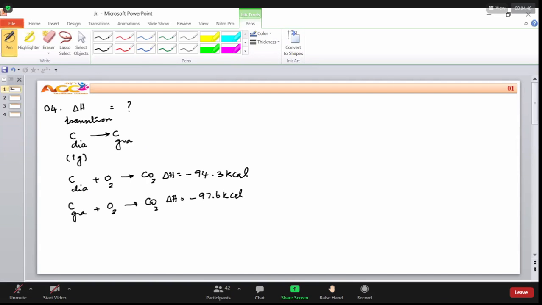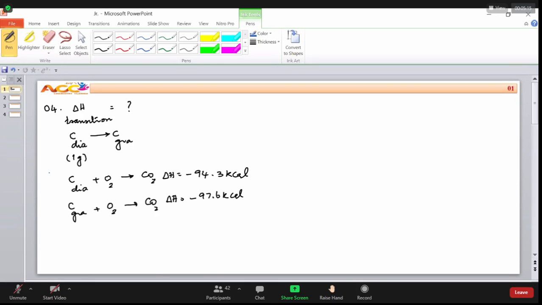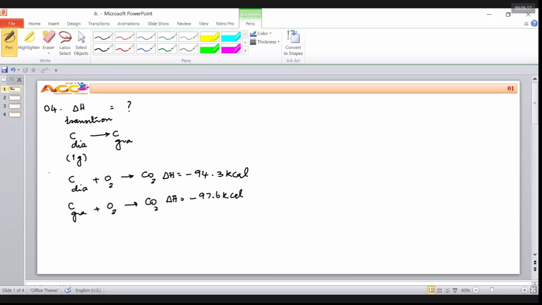Very simple, sir. These two are called given equations. Using these two, I have to get this equation. That's all. In that case, manipulate the given equations. Listen carefully. Manipulate the given equations so as to get the demanded equation. What is the meaning of manipulation? Add or subtract, multiply by any number, either by 2 or by half, divide by any number.